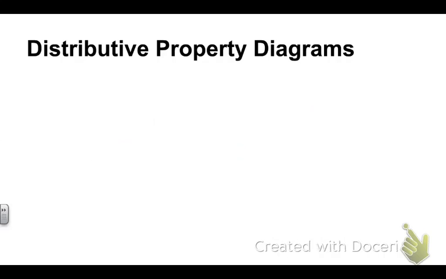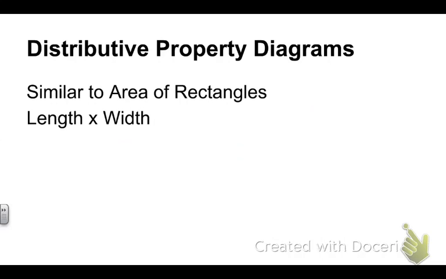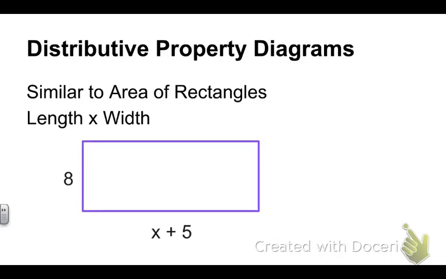Now, another thing we're going to talk about tomorrow are the diagrams of distributive property. It's nice you can actually see it. So it's similar to the area of rectangles, and if you think about area of a rectangle, it's your length times your width. So here's an example. We've got 8 is one side, and x plus 5 is our other side.